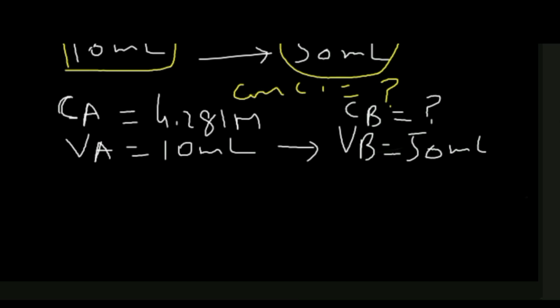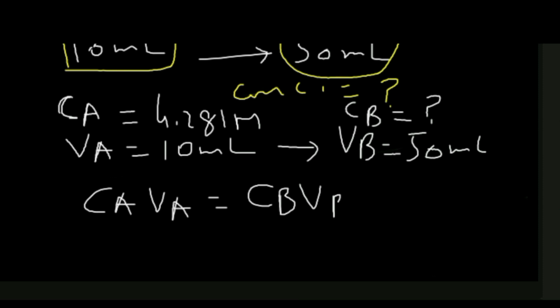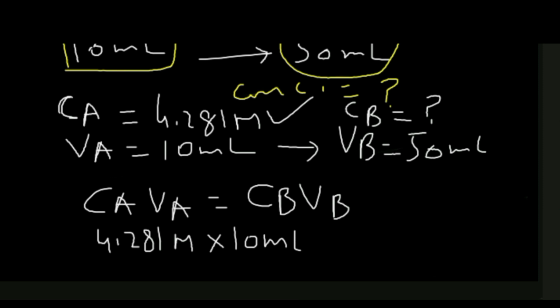Now we will put the formula. The formula is CA VA equals CB VB, where C is the concentration of the solution and V is the volume. So we have CA, which is 4.281 molar, and the volume VA, which is 10 ml.